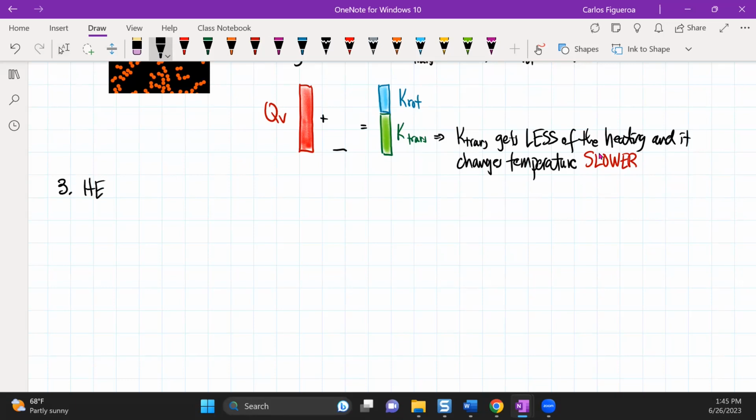Now we're heating a polyatomic gas. Well, let's look at that.